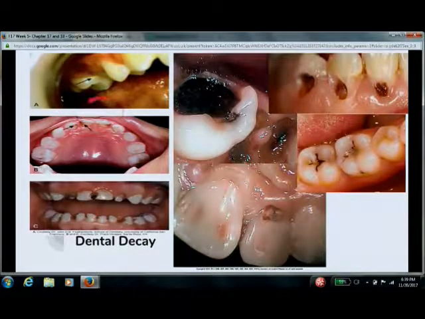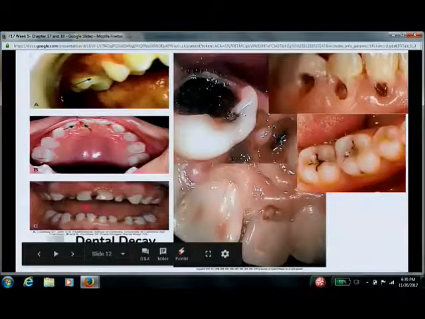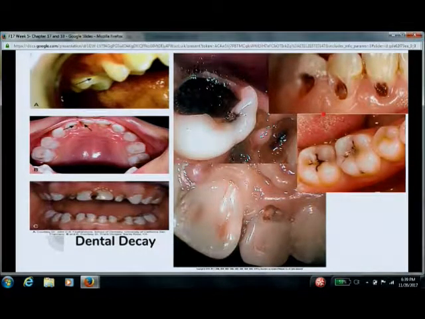The frank cavitation is the next stage, or the hole. And then if frank cavitation is not checked, we get rampant decay, which means it's everywhere. So here are some different ones. If we're thinking about cavity classes that we started to learn last week, these are class 5 because they're gum line cavities.